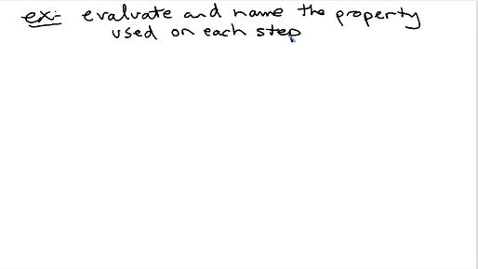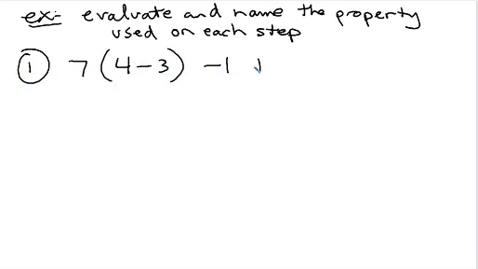Evaluate and name the property used on each step. So, let's say that we have something like this. Call this number 1. So there's our problem. 7 times in parentheses 4 minus 3 minus 1 plus 5 times 1/5.